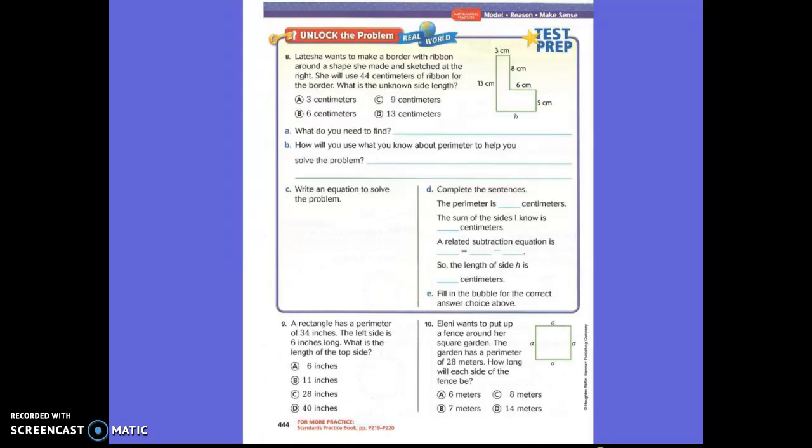What are the steps to solve this, guys? What's the first step? Add all the numbers together. What kind of numbers? All the sides. If they're not unknown, then they are known. I will add all the known sides. Then what will you do if you add all the known sides?